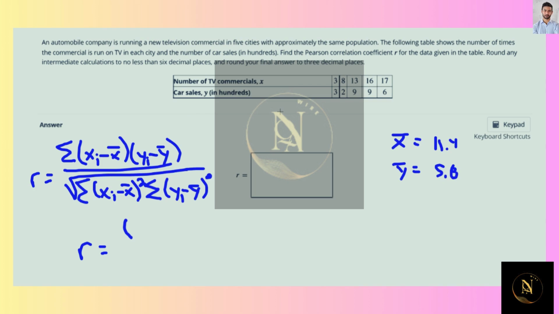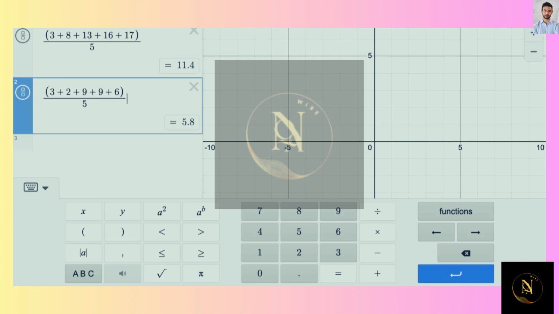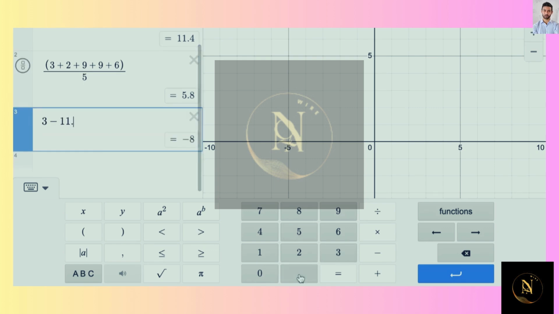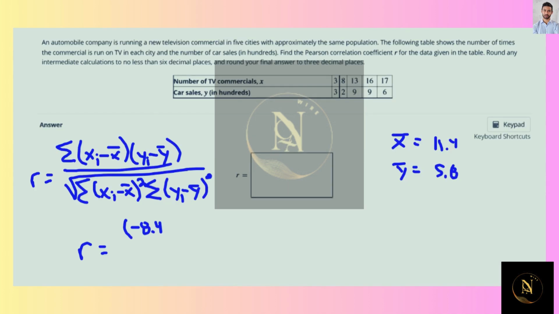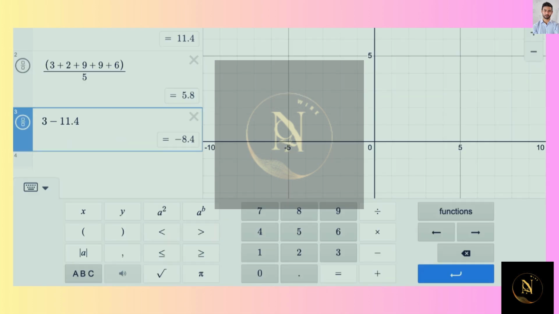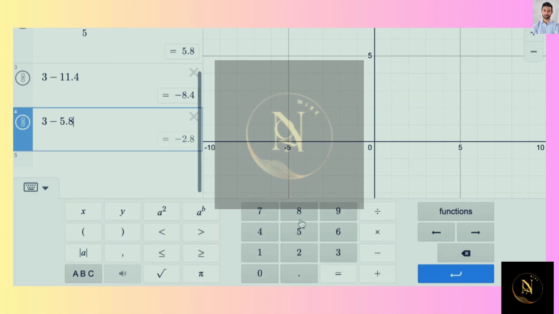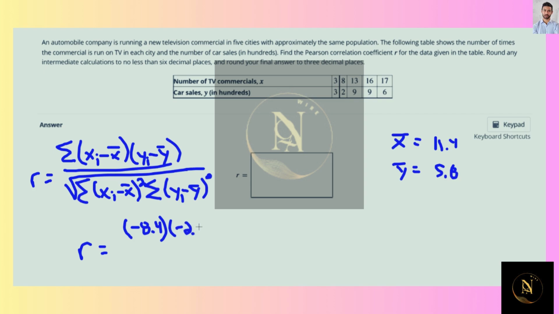So starting with the first ones, 3 minus 11.4, there's a difference of, well, it would be negative 8.4. Times the difference of 3 minus 5.8, which is negative 2.8.